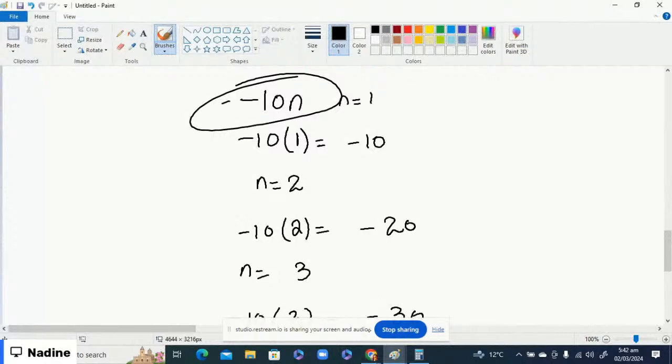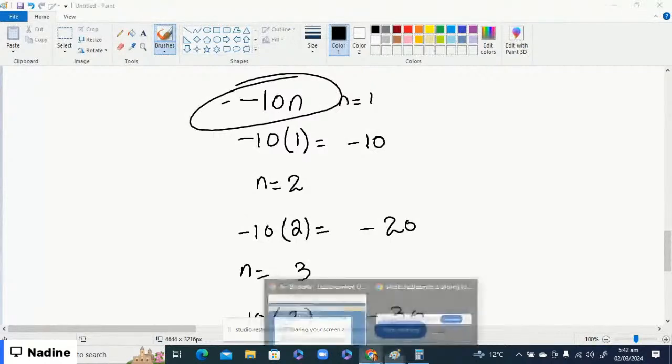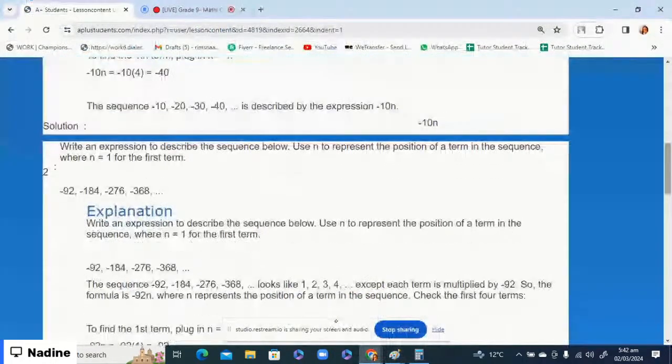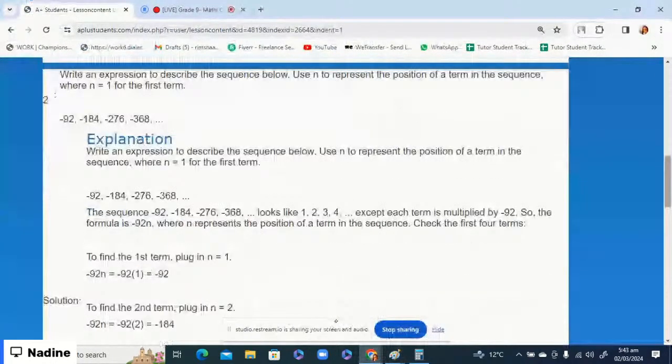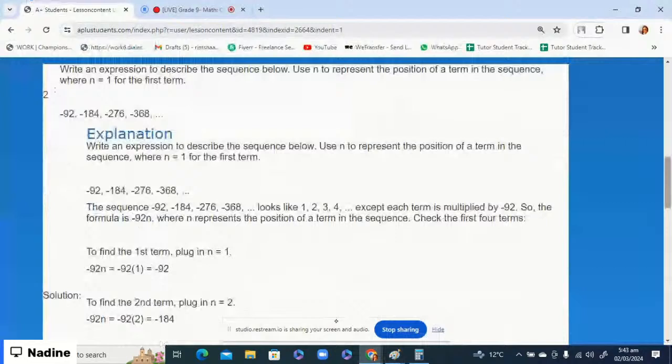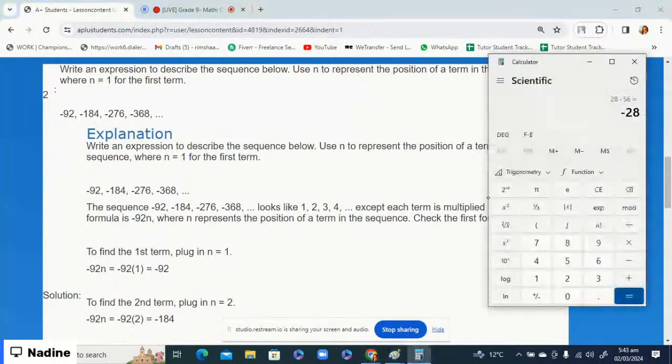Let's do one more question, then we'll finish up the class. Write an expression to describe the sequence below. Use n to represent the position of the terms in the sequence, where n is equal to 1 for the first term. The sequence is minus 92, 184, 276, 368. First we check: 92 times 2 is 184.